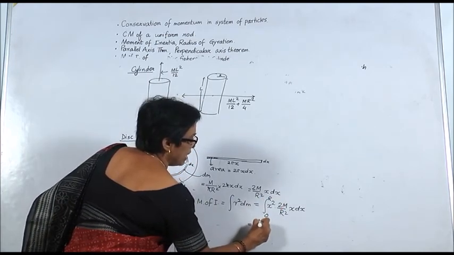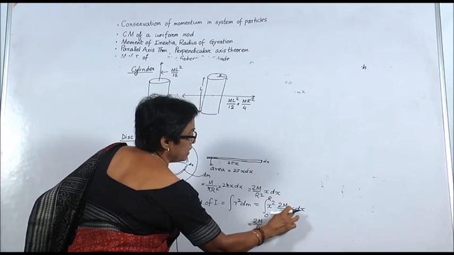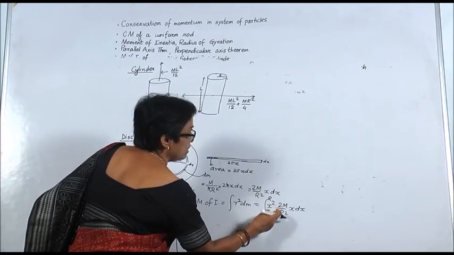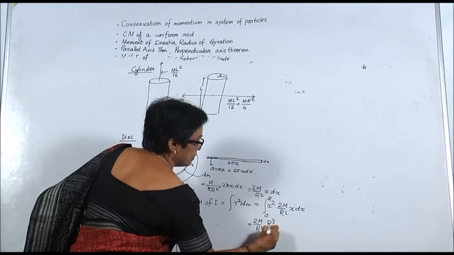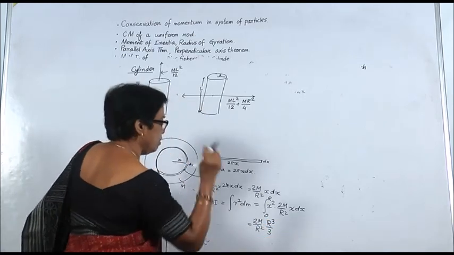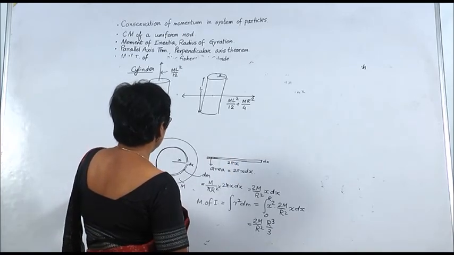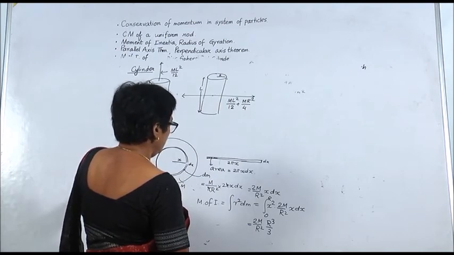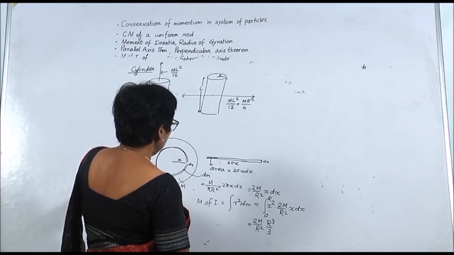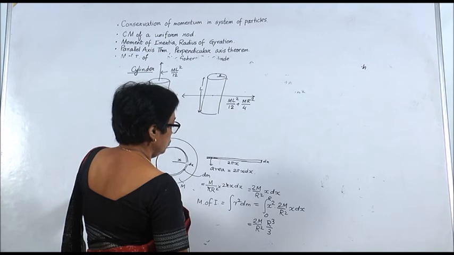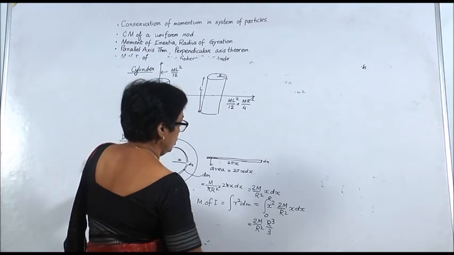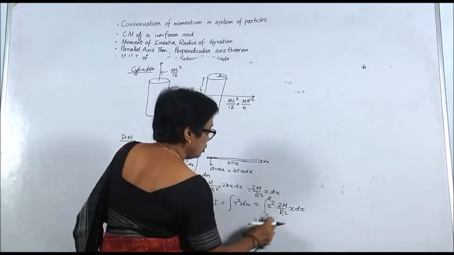So 2 m by r square is a constant and comes outside. Then x square into x dx gives x cube dx.